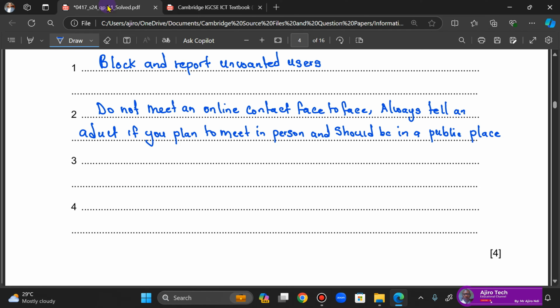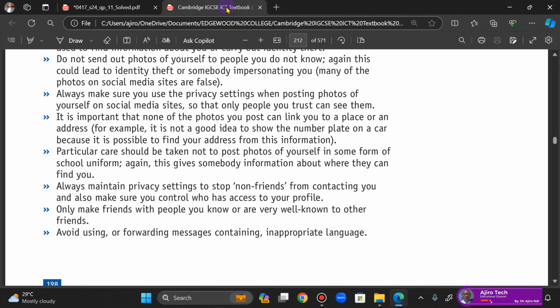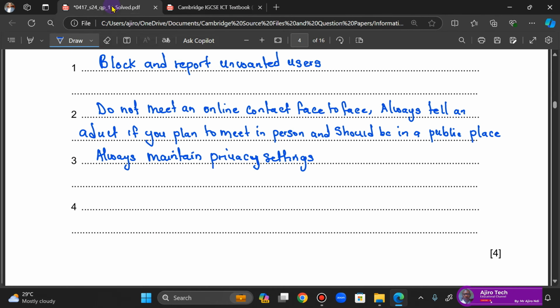Okay, always maintain privacy settings, and control who can access your profile. Okay, very important.